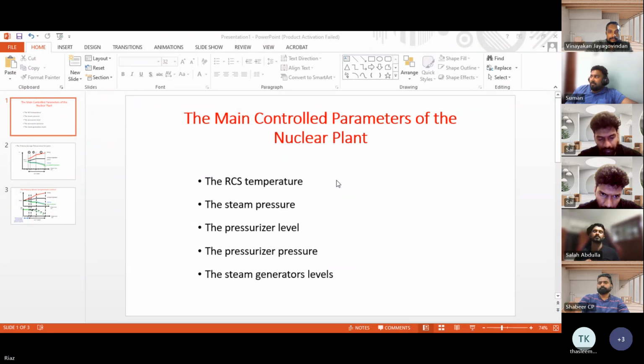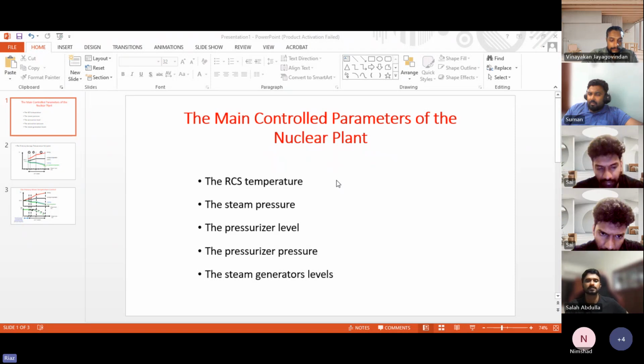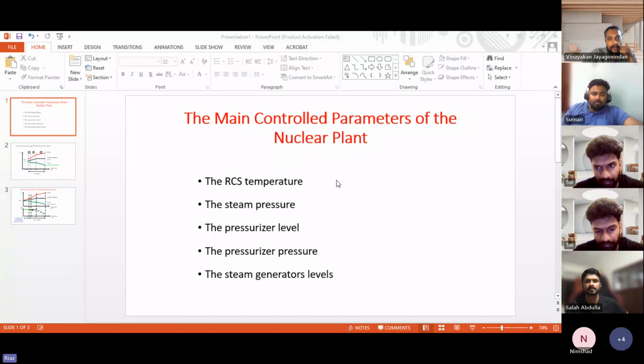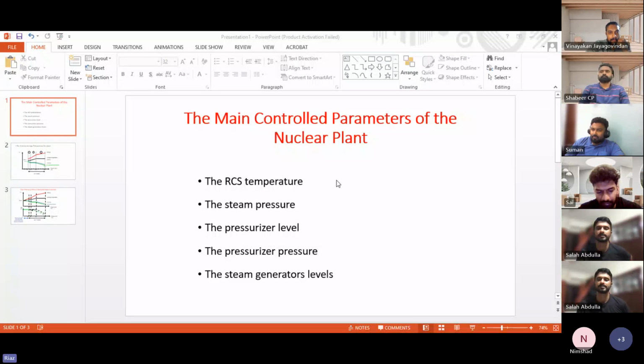So the main control parameters of a nuclear power plant are the RPV temperature, the steam pressure, the pressurizer level, the pressurizer pressure, and the steam generator level. This can be a control channel.